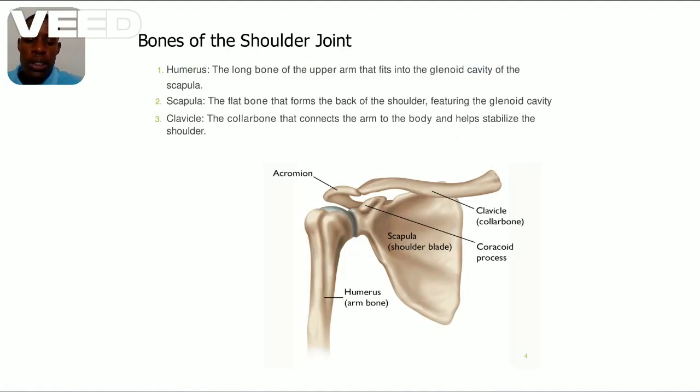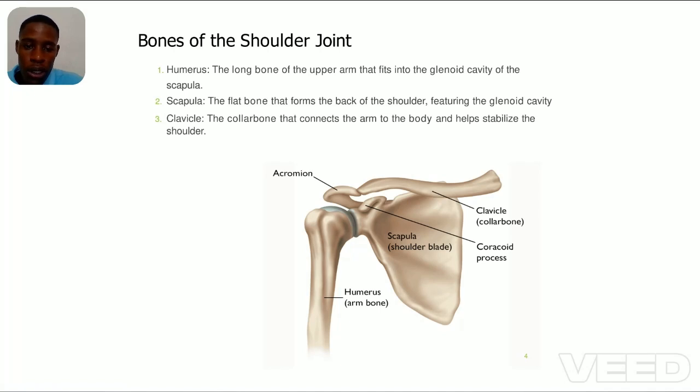The shoulder joint is made of the humerus, the scapula, and just a bit of the clavicle, because the clavicle is joined with the scapula, and hence the head of the humerus is joined with the scapula on the glenoid fossa, making it a glenohumeral joint.